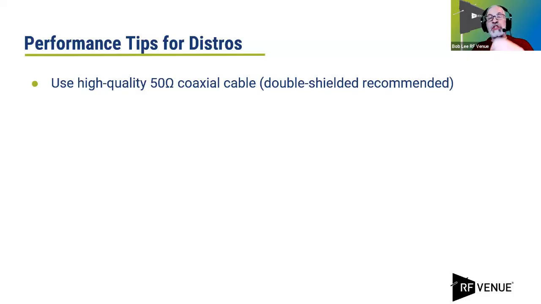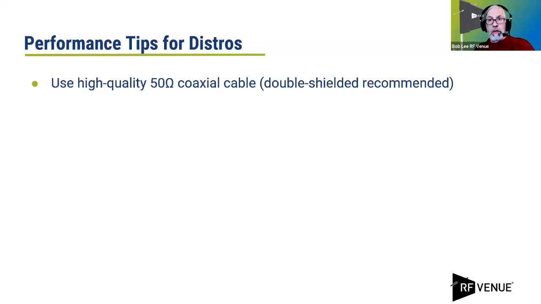So, having double shielded cable that has both foil and braid, you get the best of both worlds that way. One makes up for the deficiencies of the other, so you get really optimal shielding that way by using double shielded cable.